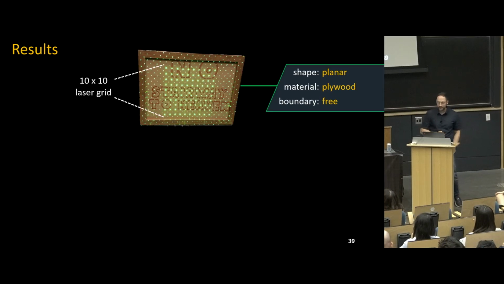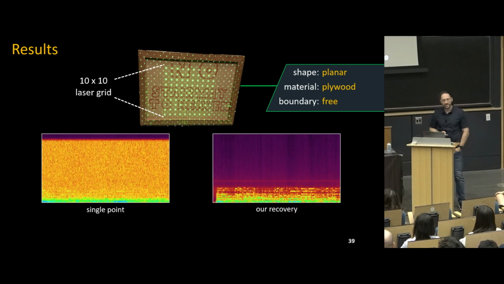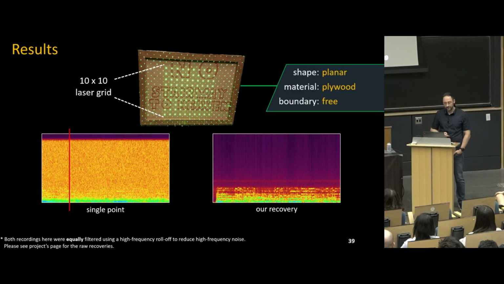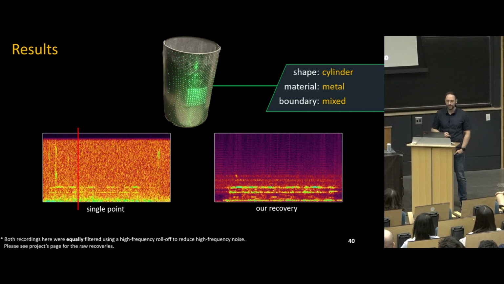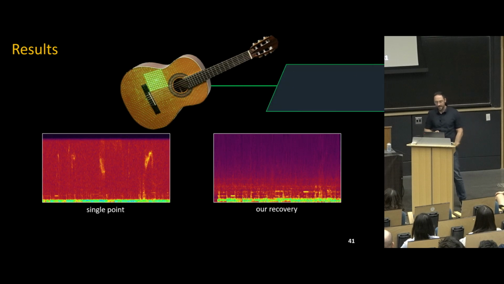And now let's see some more results. So here is a result from a picture frame captured with a 10 by 10 speckle grid, single point versus our recovery. Here's this metallic trash can. Here's a guitar.